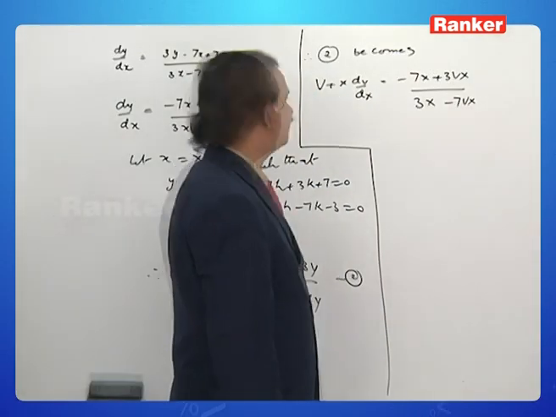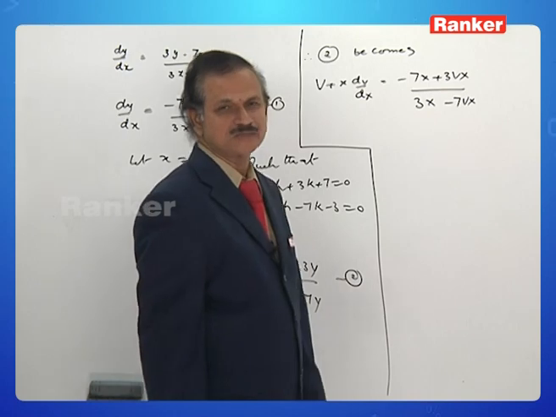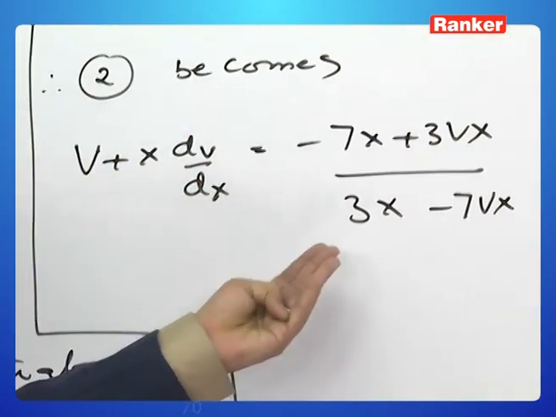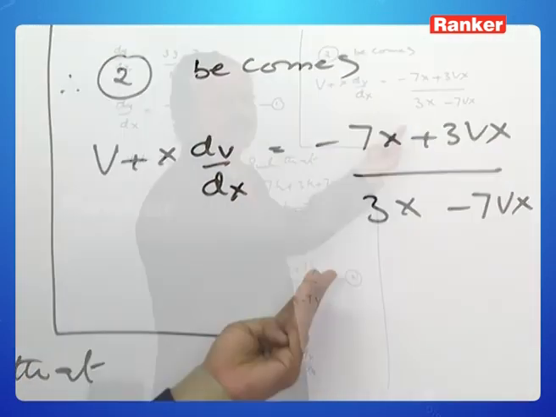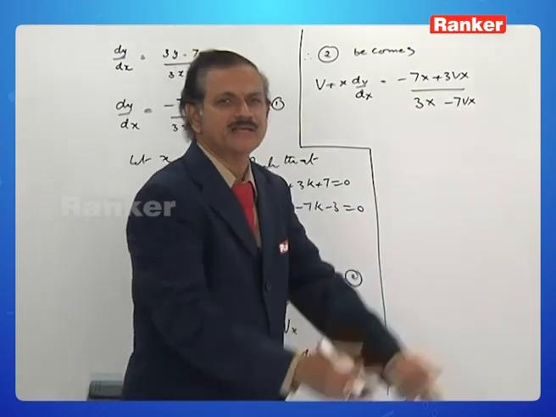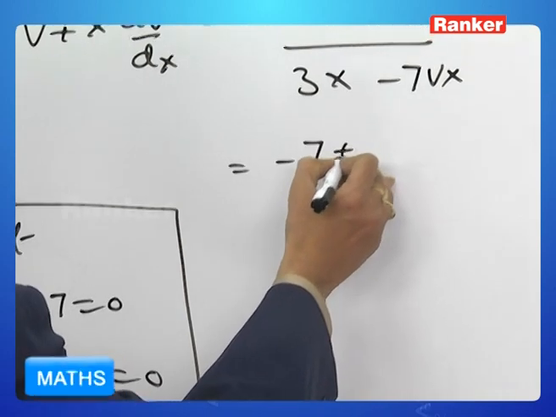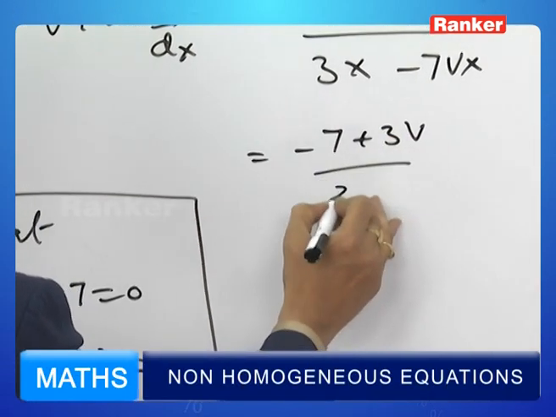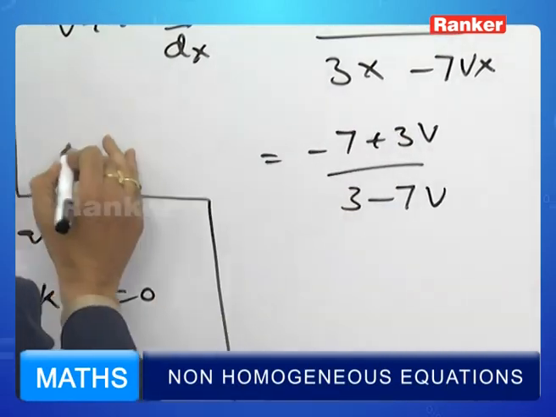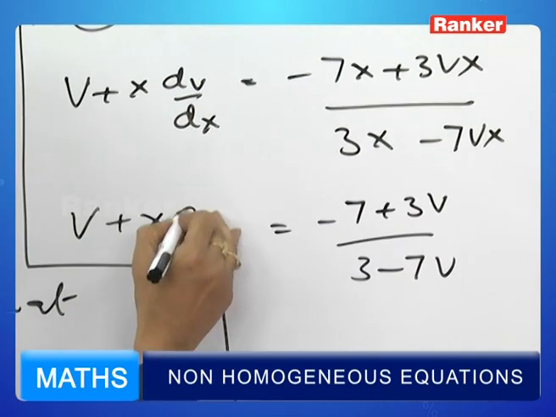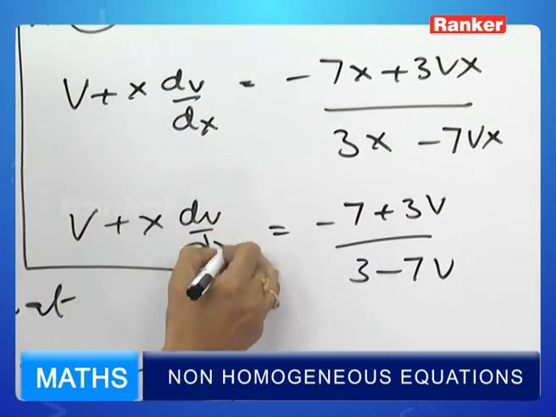Of course, you divide both numerator and denominator with X, or you get X as a common factor in both numerator and denominator. They will automatically be cancelled. So that this is equal to minus 7 plus 3v by 3 minus 7v. This is all v plus X dv by dX is equal to.